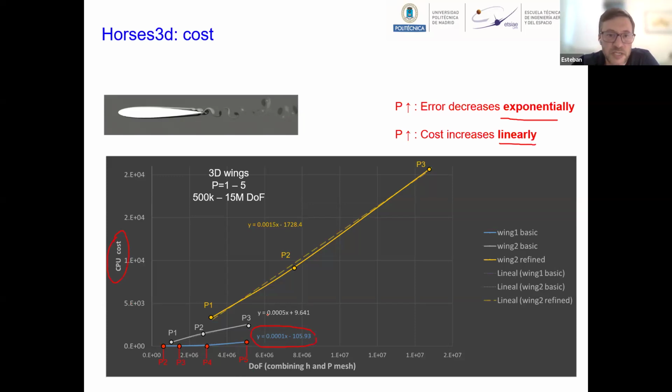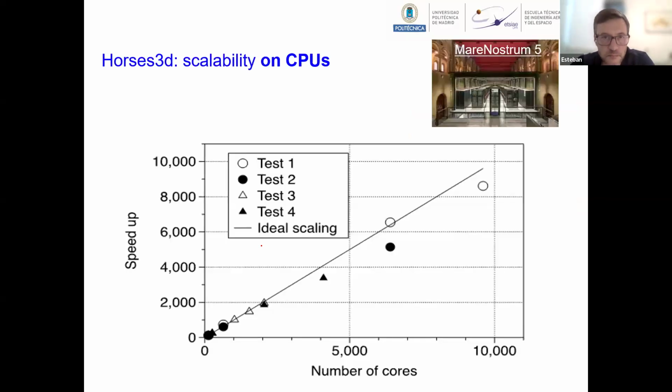So we see an almost linear increase in cost, whilst the error decreases exponentially, meaning it's very advantageous to use higher order polynomials, not only in academic cases like the case that I showed at the beginning, but also in practical cases like this one.